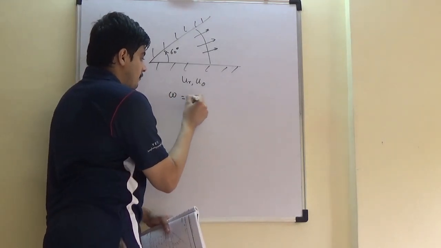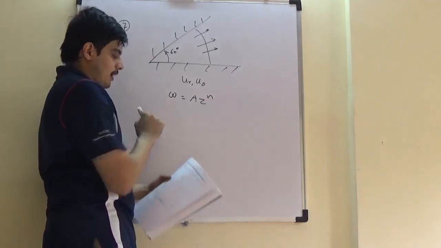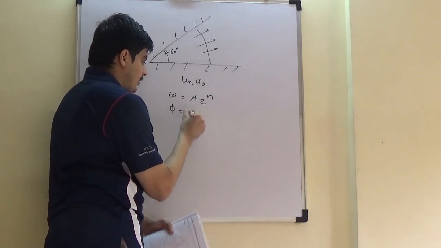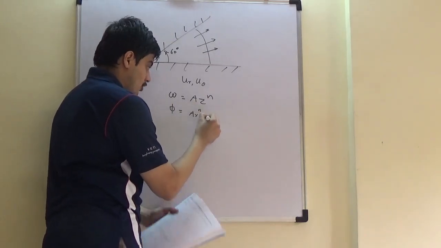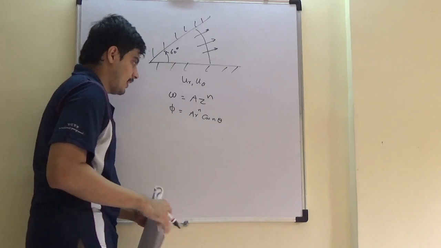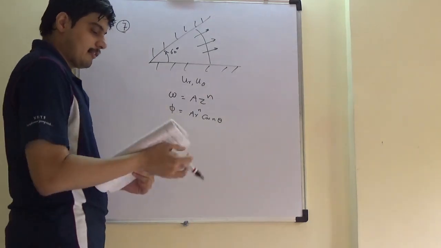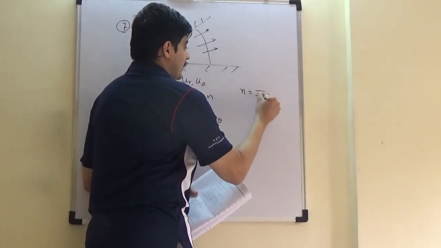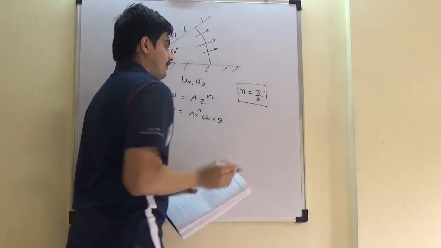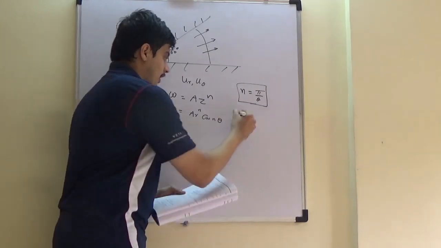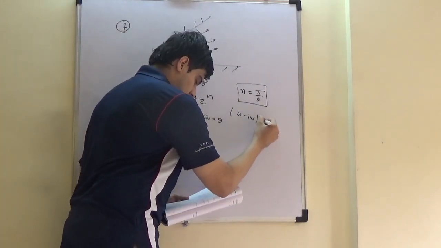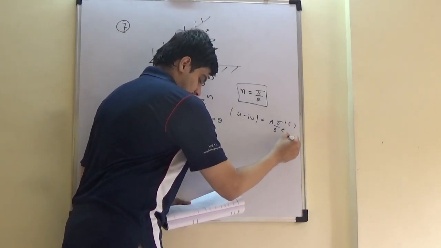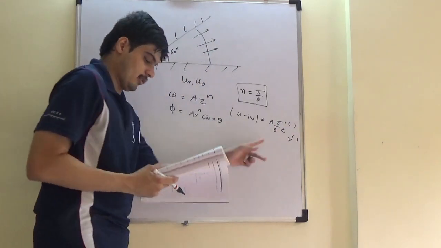We used imaginary component analysis where omega was a z raised to n and phi was a r raised to n cos n theta. Correct? These components got derived from imaginary velocity components where n is pi by theta, and you had u minus iv modulus component here, which is a pi by theta e raised to i into r raised to component. Right?